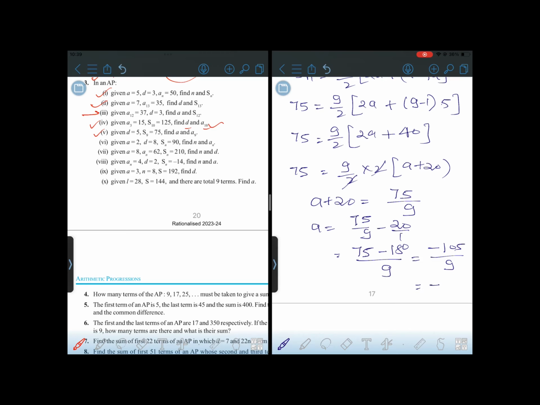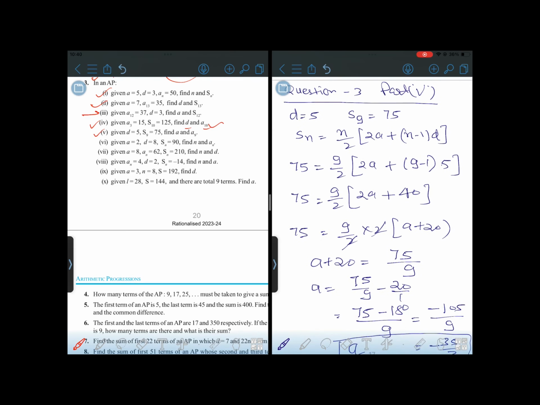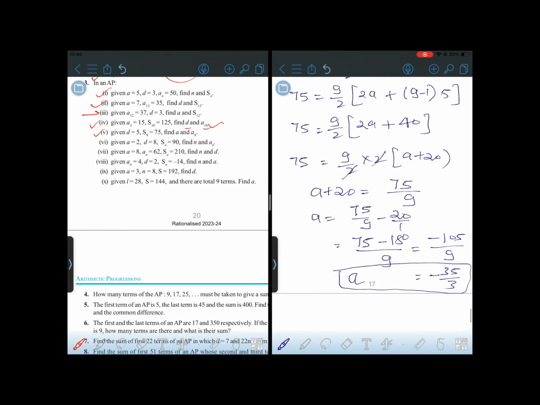So you will get minus 35 upon 3. So we have got the first term as this, right? So this is how we can solve our question. First, because we had the summation, we put the formula, and then after putting all the values, you could find out the value of a.